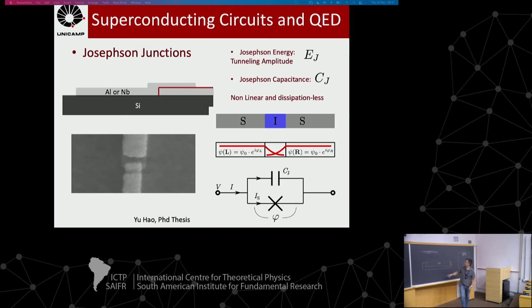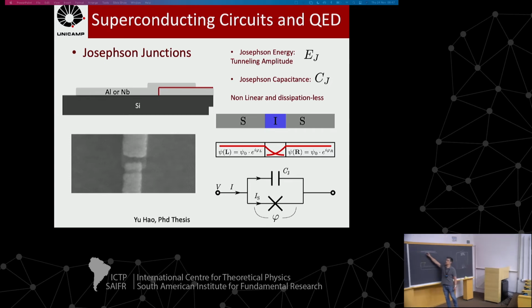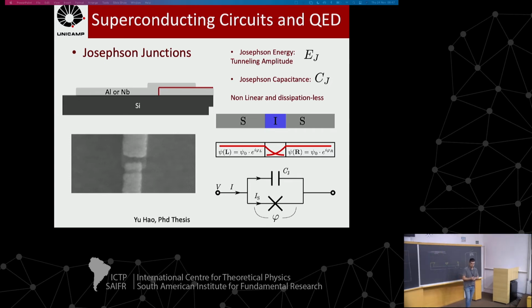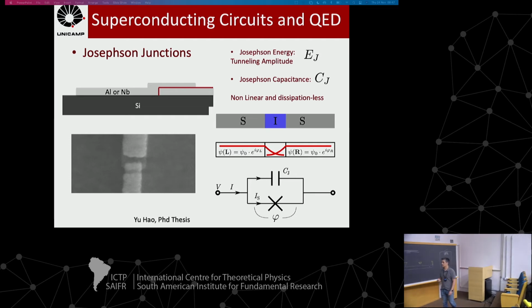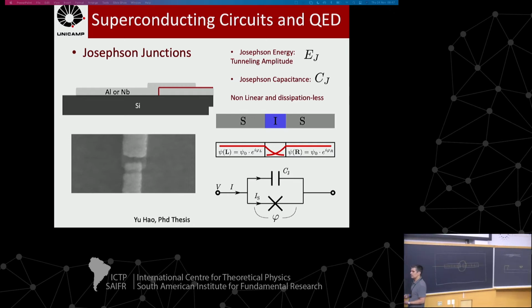Then I can create a superconductor, barrier, superconductor. And we can control the size of this barrier here, so we're controlling the barrier between this superconductor and that superconductor. Okay? That's the basic idea of the barrier.